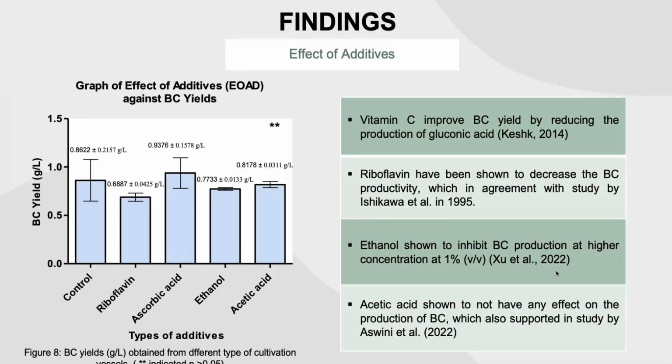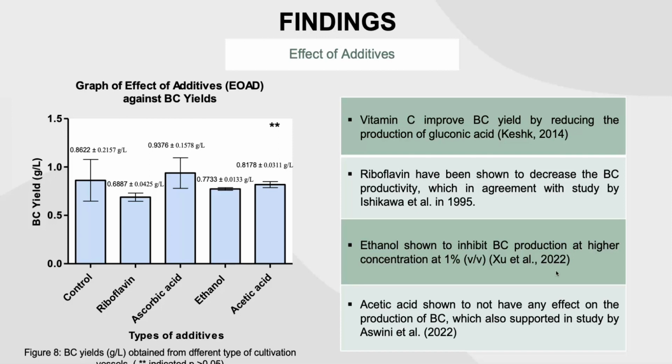Another one is where we applied additives such as riboflavin, vitamin C or ascorbic acid, and ethanol. The final one was vinegar or acetic acid. We can conclude here that different types of additives affected BC production or BC yield. If we have a close look, ascorbic acid or vitamin C produced a higher BC yield compared to riboflavin, ethanol, and acetic acid.